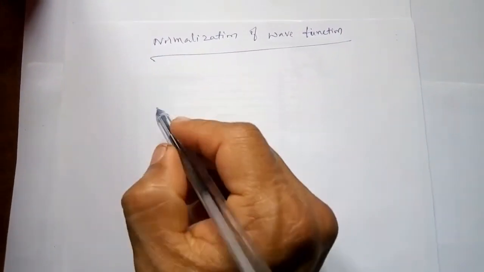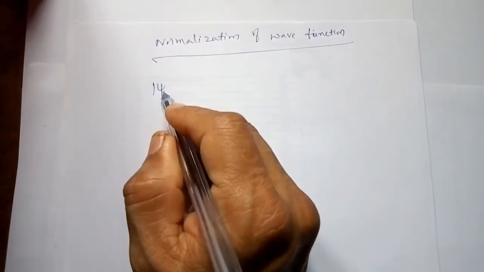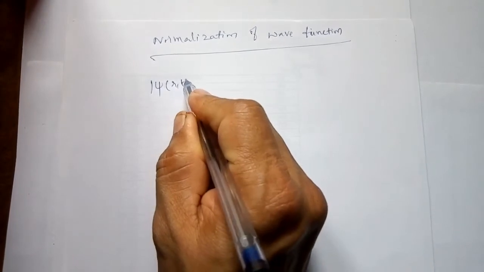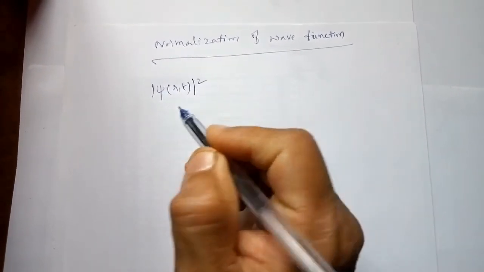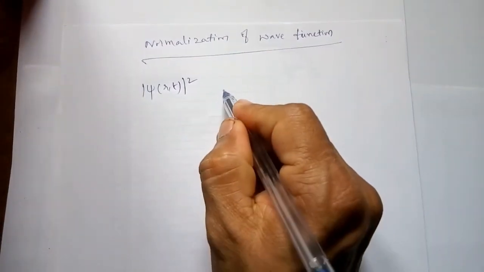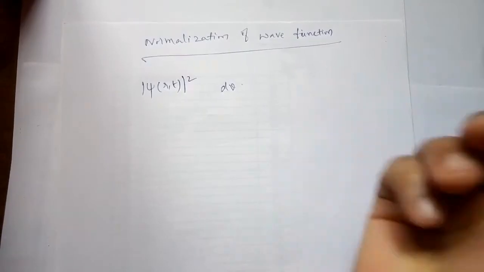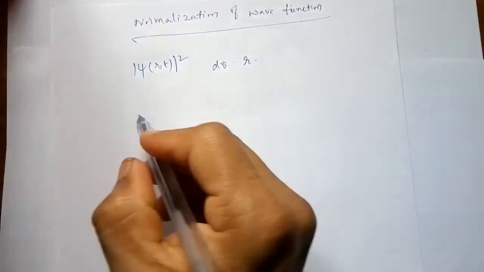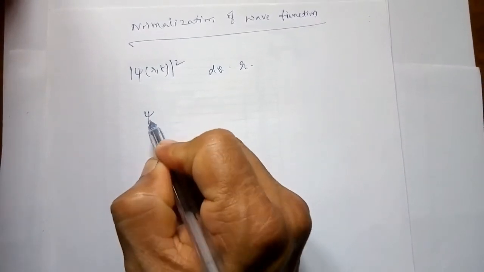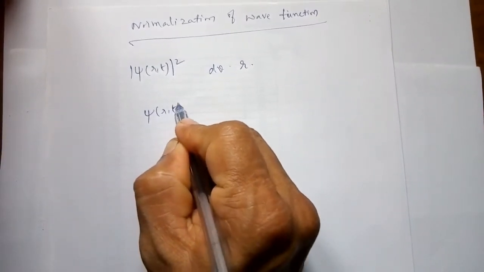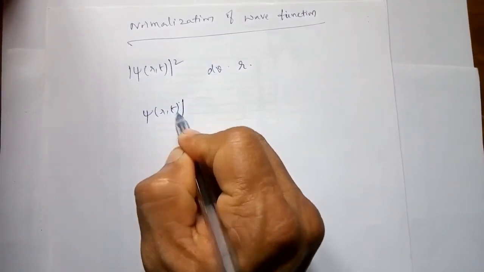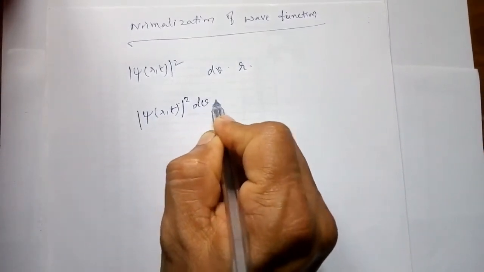So the probability density is given by modulus psi of r comma t whole square. The probability of finding the particle in a given region of volume dV containing point r is given by modulus psi of r comma t whole square dV, as we have seen just a few minutes before.